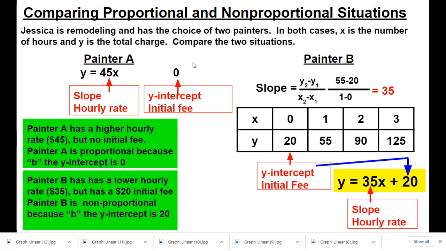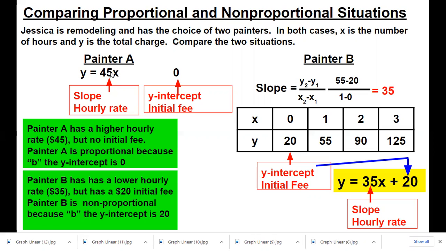So what that might mean to me is, if I was going to have painter B for just 1 hour, 35 plus 20, that would cost me $55. If I was going to have painter A for just 1 hour, that would only charge me $45.